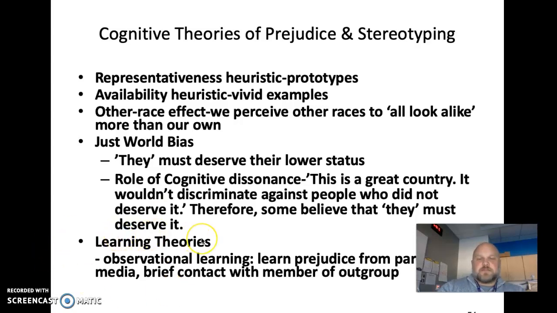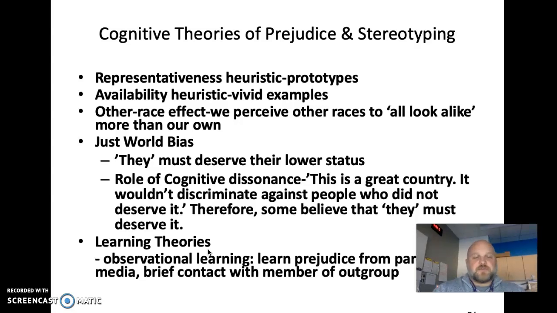And then some of the stuff we've learned about in Unit 6, observational learning. Most prejudice, to some degree, is probably learned by watching other people. If you see prejudice from family, friends, etc., and you hear things that they say, that can be taught.